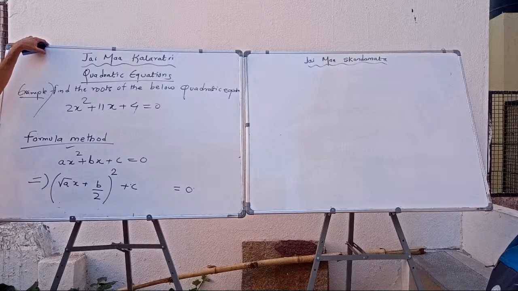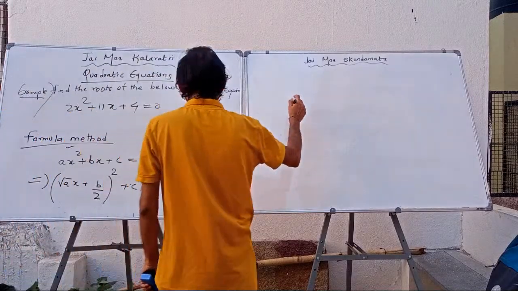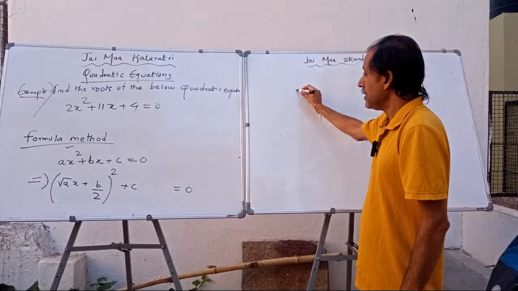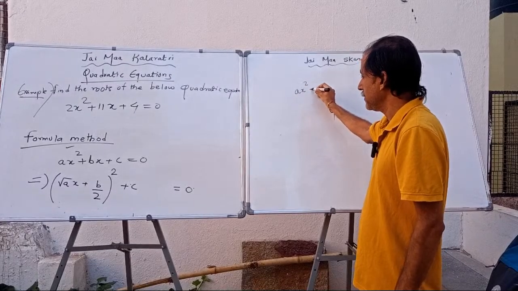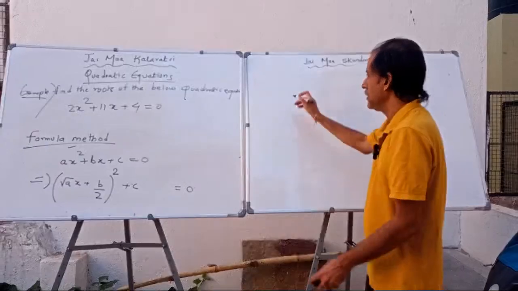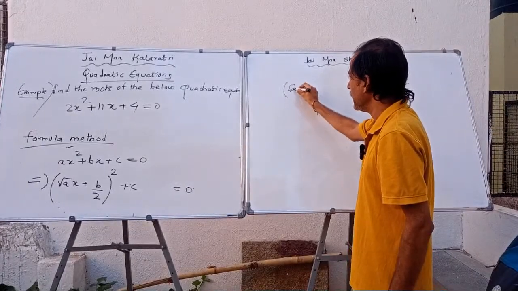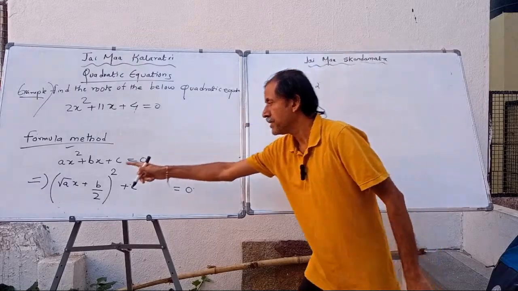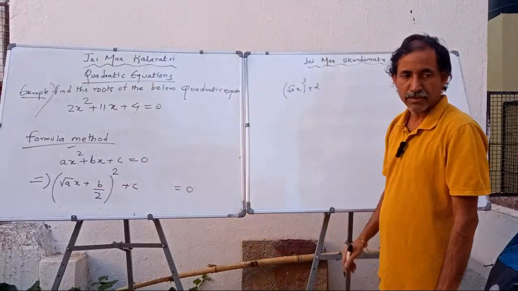If I open the bracket, it will be root ax the whole square plus 2 this term into this term. You're getting it?